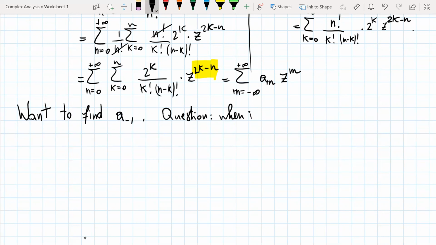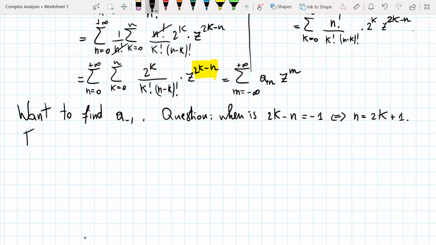So the question is, when is 2k minus n equal to minus 1? Here we see that this happens if and only if n is equal to 2k plus 1. So in particular, n must be an odd number. And then for every k going from 0 to plus infinity, we will find exactly one n having this property.